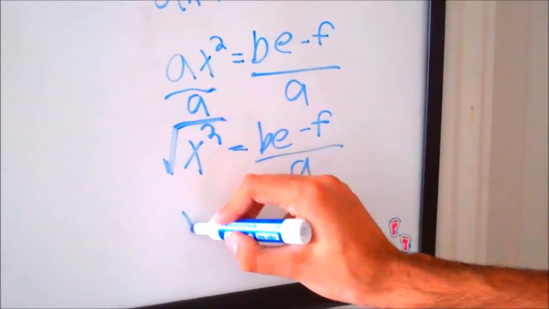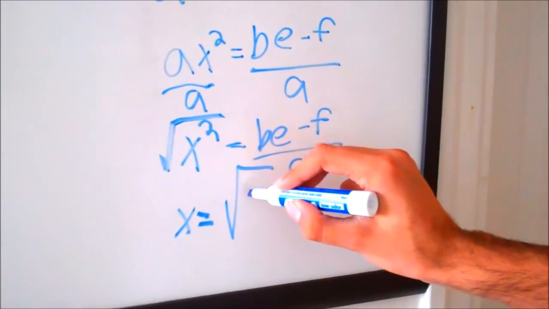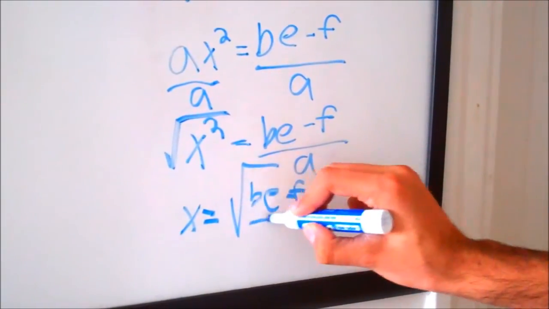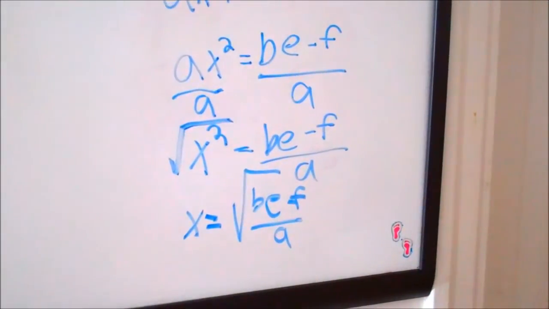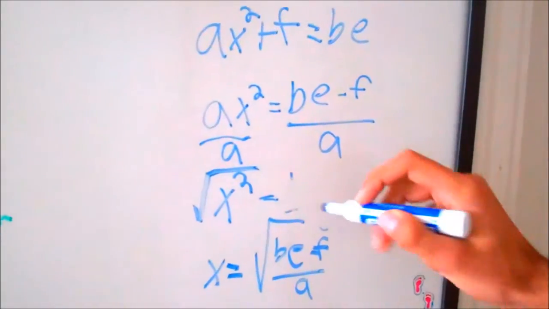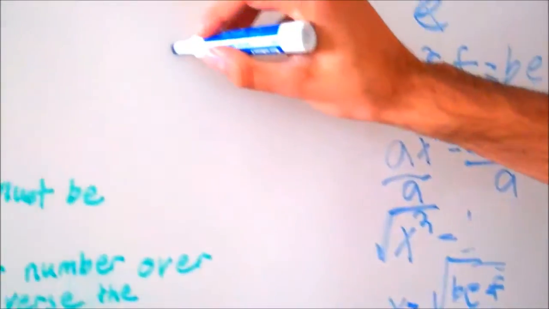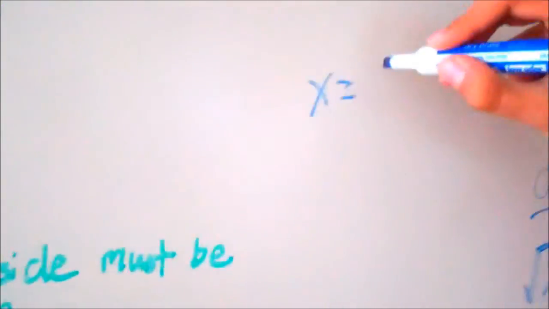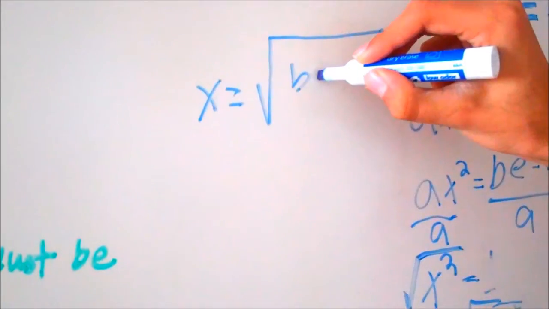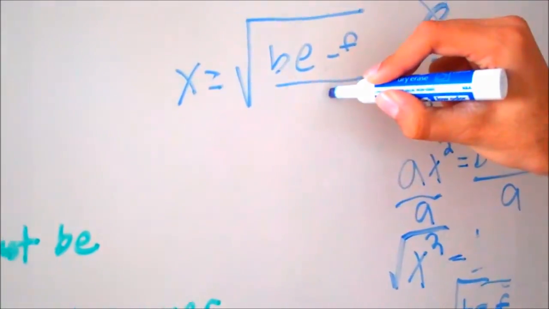Now we get x equals the square root of (be minus f) over a. And just to make it a little bit cleaner, this would be our final answer: (be minus f) over a.